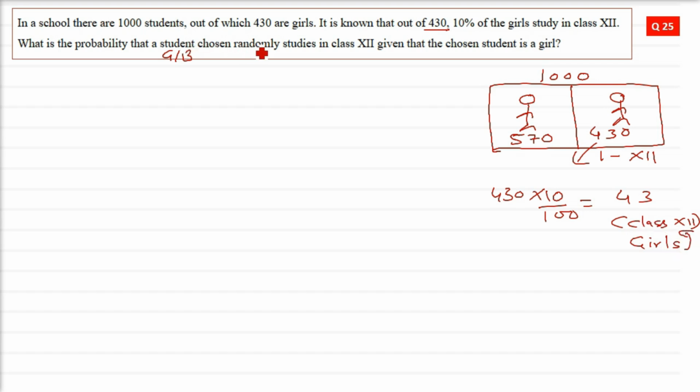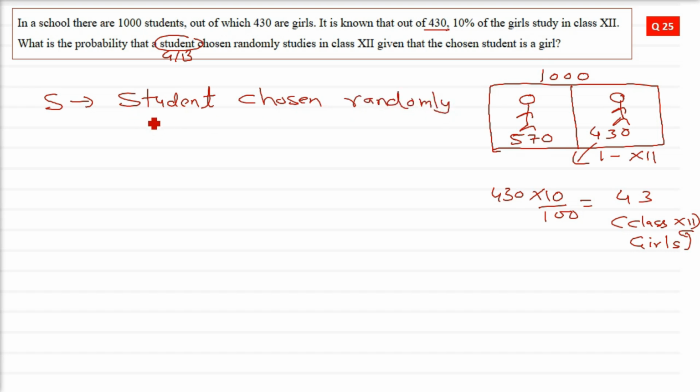So what is the probability that a student chosen randomly studies in class 12, given that the chosen student is a girl? There will be two events that we are going to make. One event will be that it is known that the chosen student is a girl, and the second is that the student chosen randomly studies in class 12. So let's start with S, student chosen randomly.